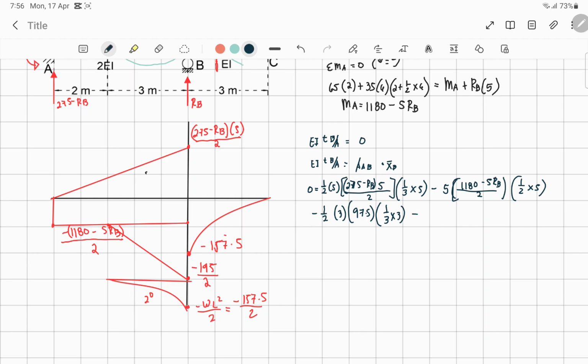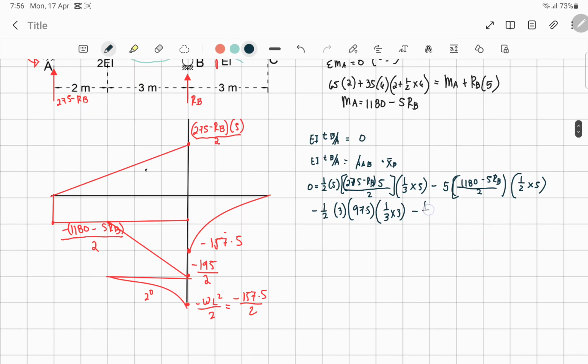And then this second degree spandrel, 1/3 base times height. So, ang base niya is 3. And then we have our height which is kalahati ng 157.5. That is 78.75. And then, kanyang moment arm, that is 1/4 of our length ng kanyang spandrel. Okay? 3.